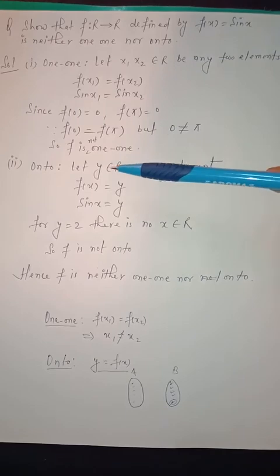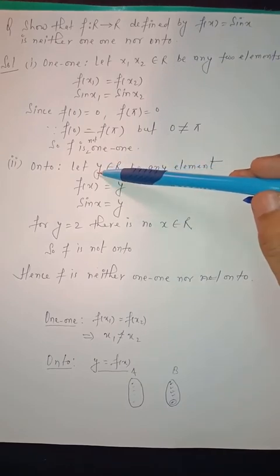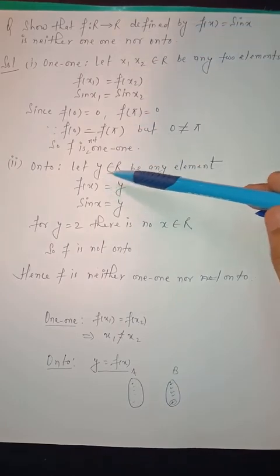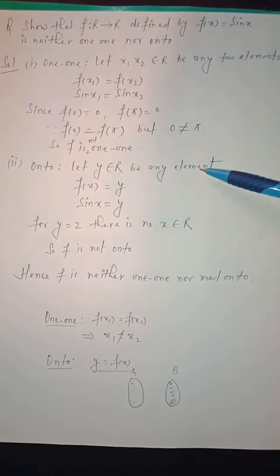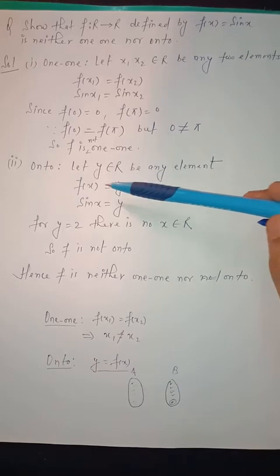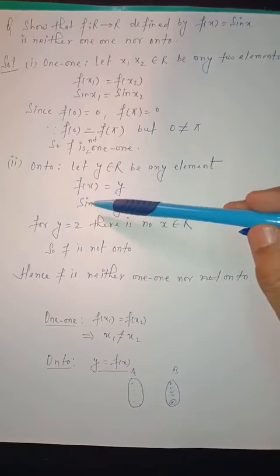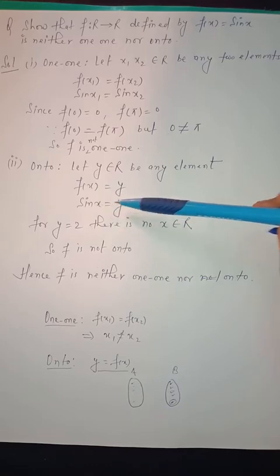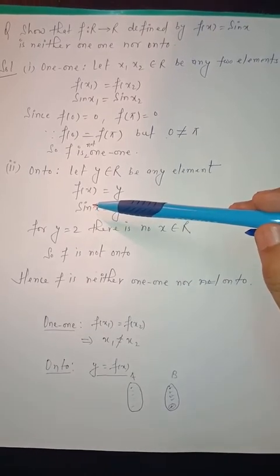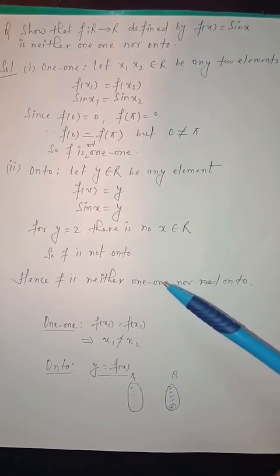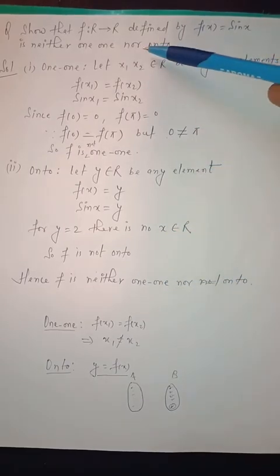For the onto function, always assume y is an element from set B. So y belongs to R, be any element such that y is f(x), because y is always equal to f(x), but f(x) is sin x. So this y is equal to sin x. What does it mean? It means we have to prove this function is not an onto function.